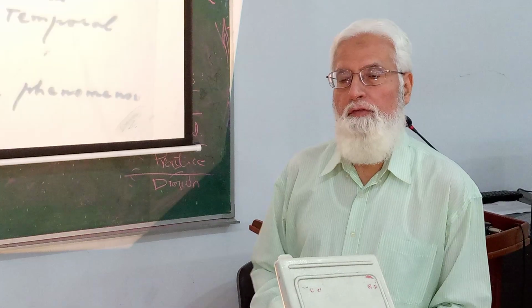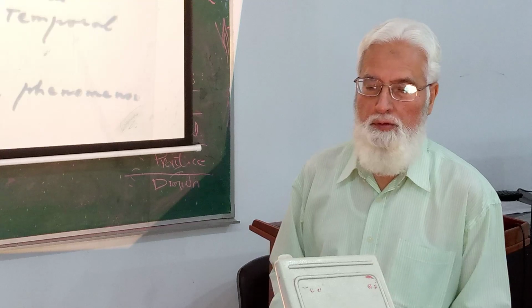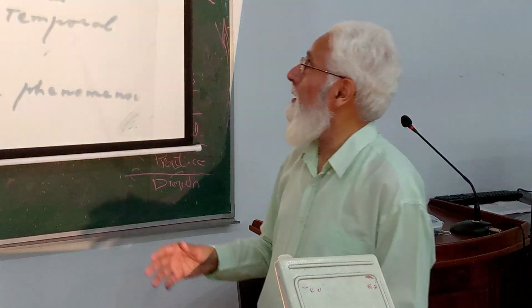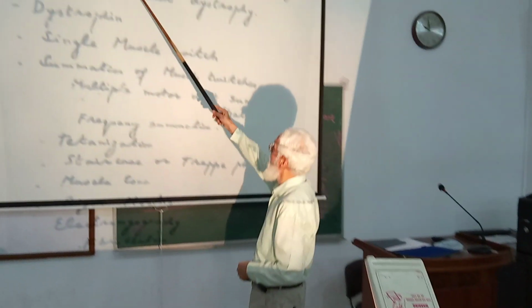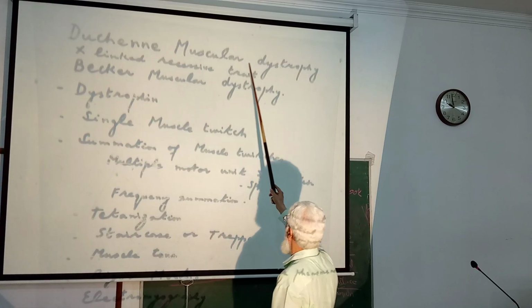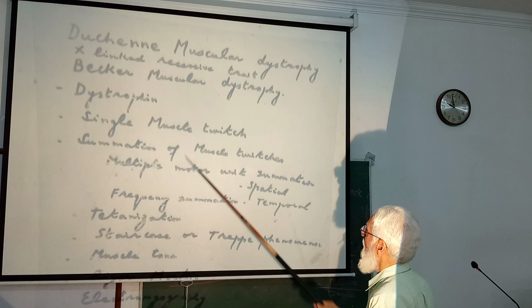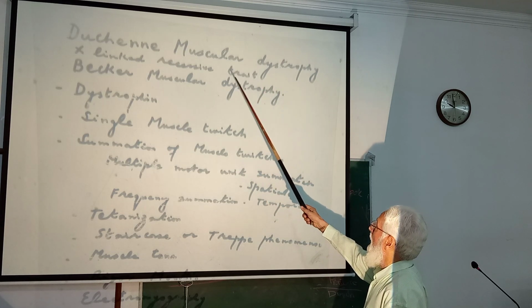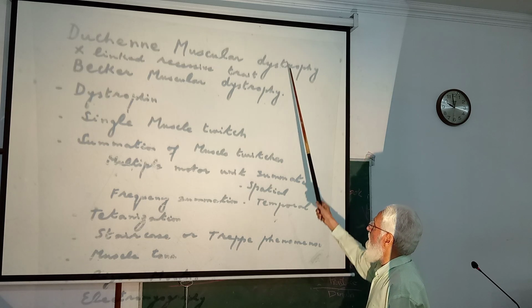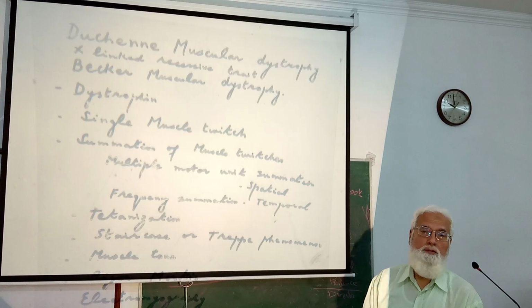There are different types of muscle dystrophy. One important type is called Duchenne muscular dystrophy. This disease is present in males.